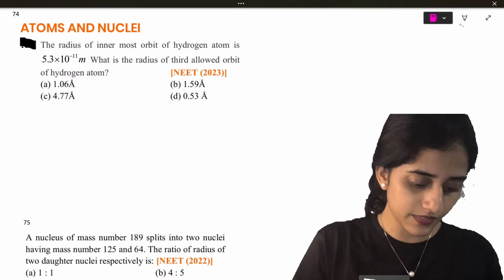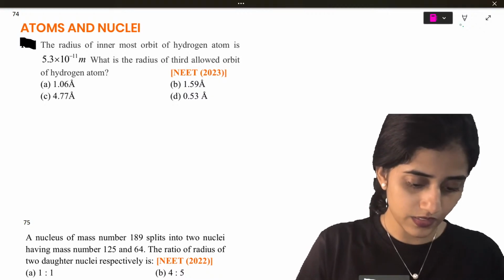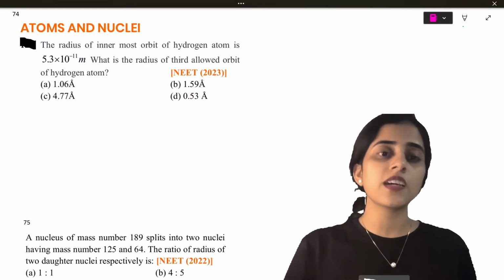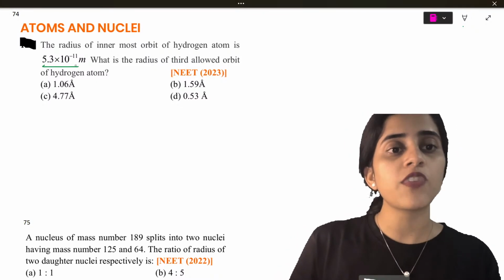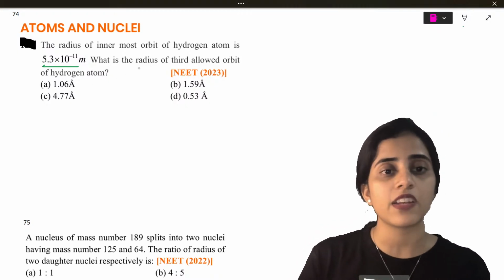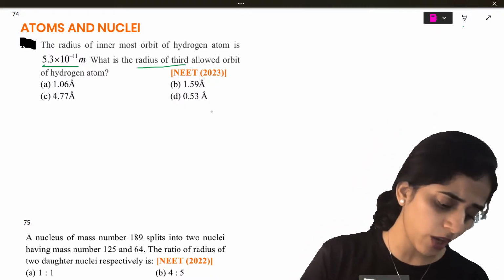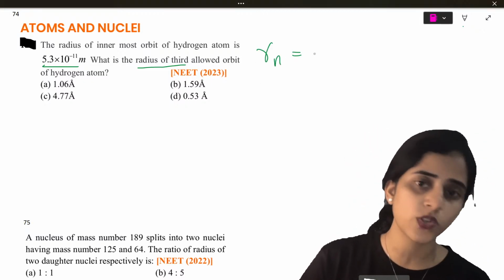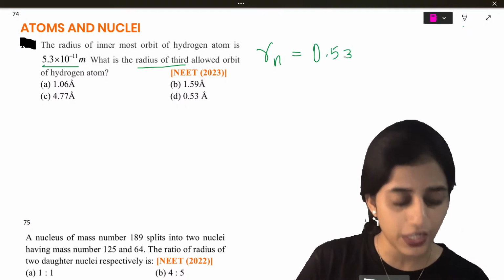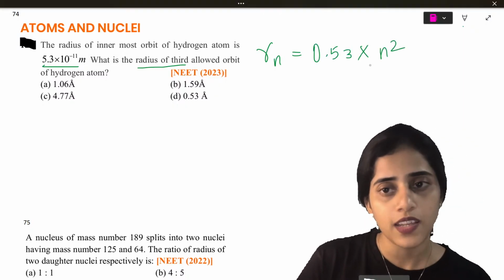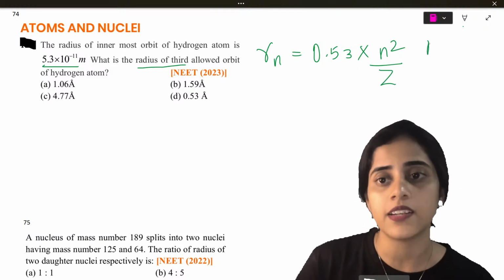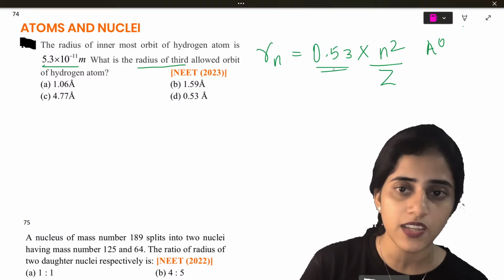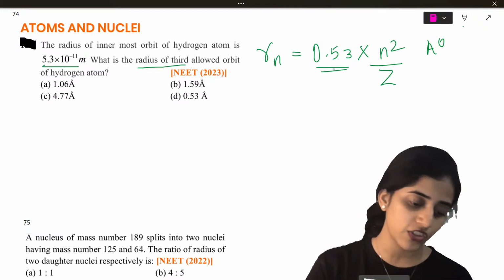The radius of the innermost orbit of hydrogen atom is 5.3 into 10 raised to minus 11. What is the radius of the third allowed orbit of hydrogen? So the radius of the nth orbit, Rn, is going to be 0.53 into n square by Z angstrom. 0.53 angstrom is the Bohr radius of the hydrogen atom.